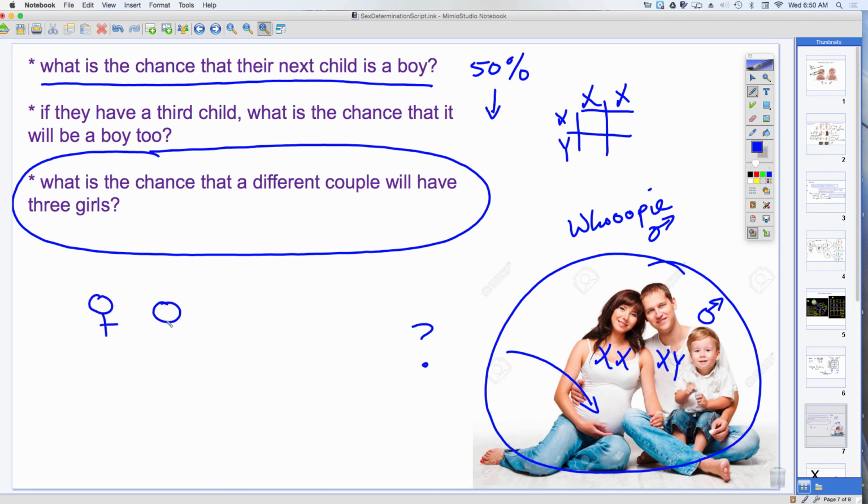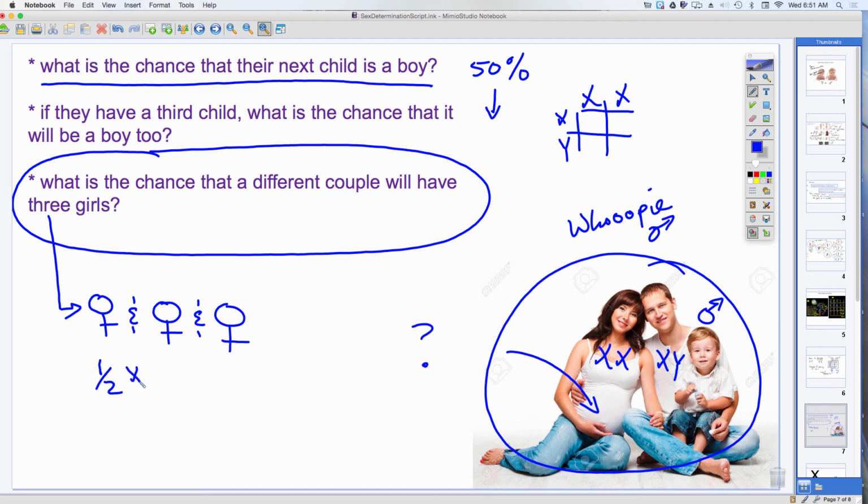We could say, hey, you're going to have kids. What is the chance that you will have 3 girls over the course of your childbearing years? Well, what we are basically saying is, what is the chance of having a girl and having a girl and having a girl? And when we do that, we think in terms of probability.